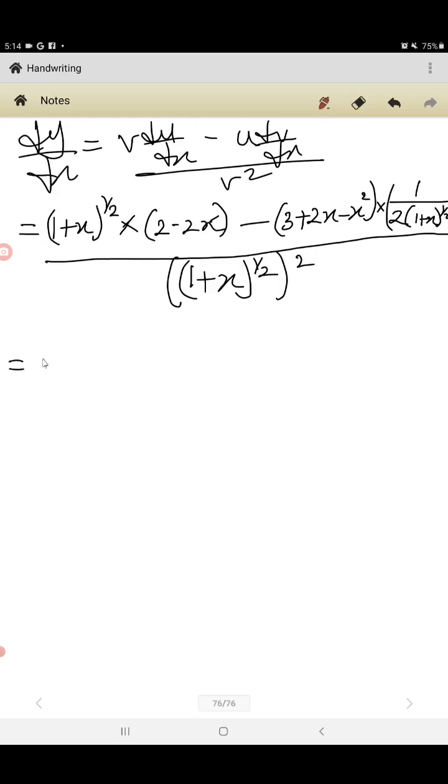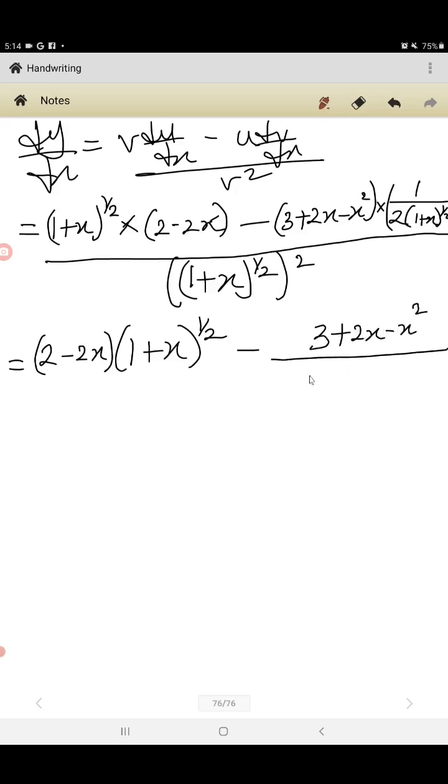Let's continue simplifying now, which we have 2 minus 2x onto 1 plus x onto half, now minus 3 plus 2x minus s squared over 2 onto 1 plus x all raised to power half.